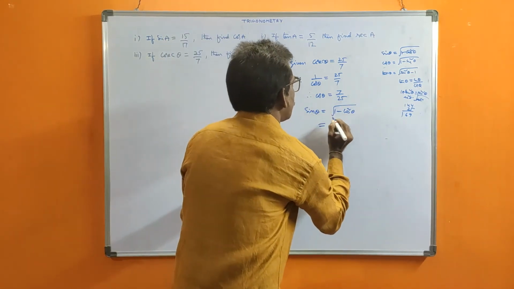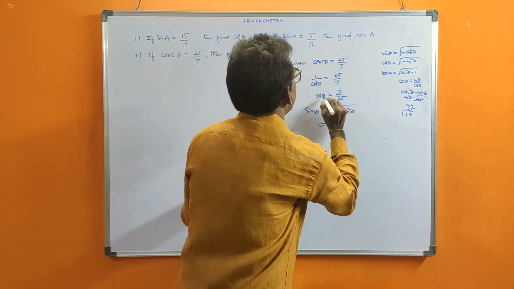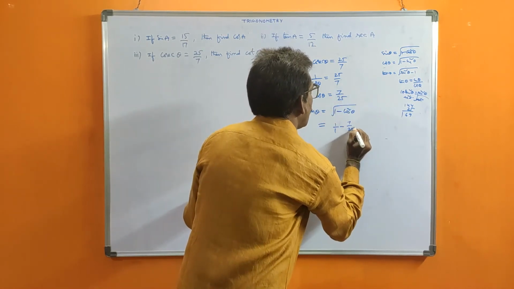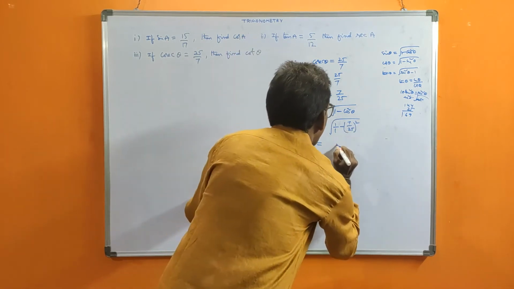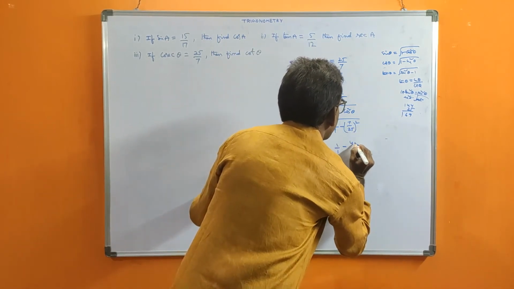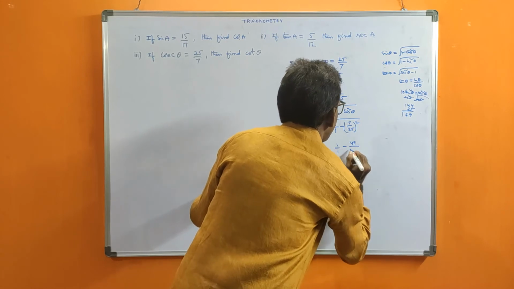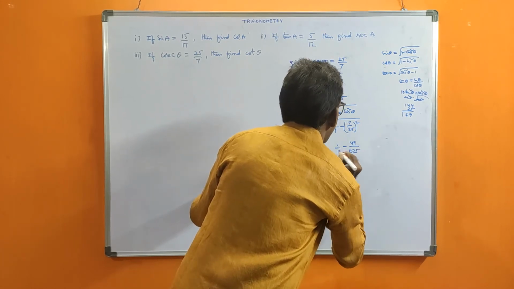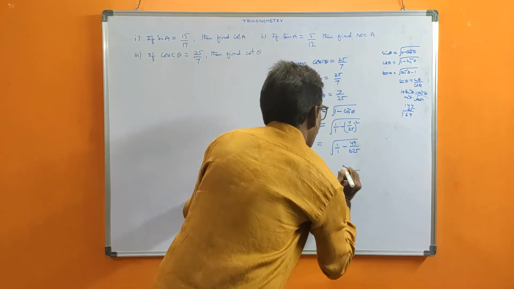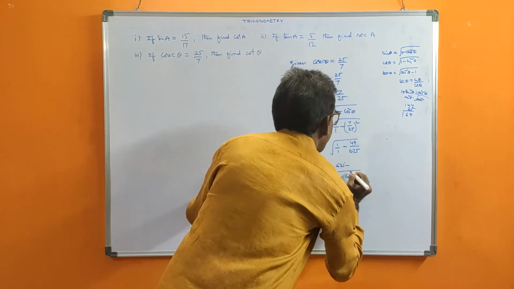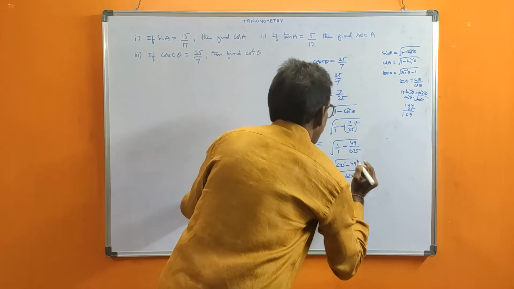Now 1 minus the value 7 by 25, square is there, root. Now 1 minus 7 7s are 49 by 25 25s are 625, root. Here LCM is 625.